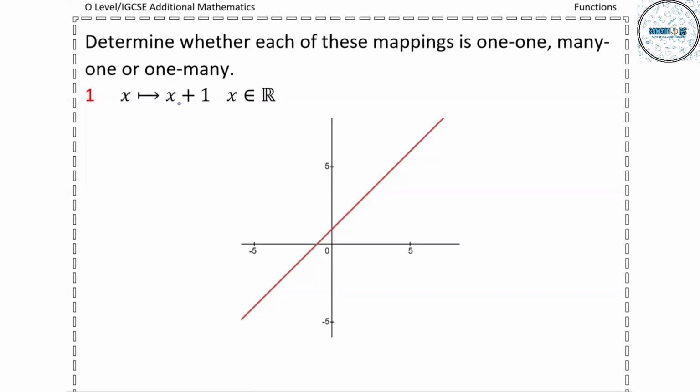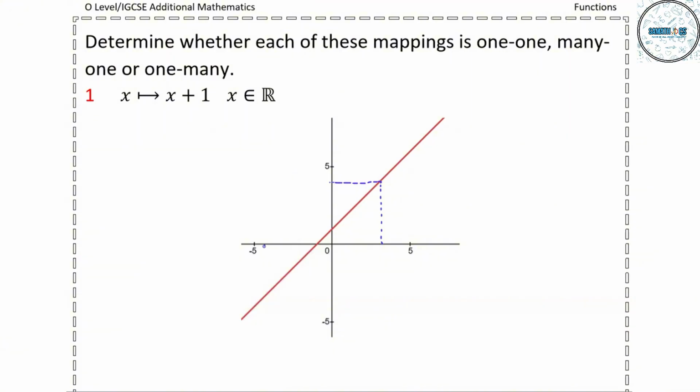Here, x is mapped to x plus 1 and x belongs to real numbers. It means all real numbers are included. At this point, there is one value of x and it has one output.